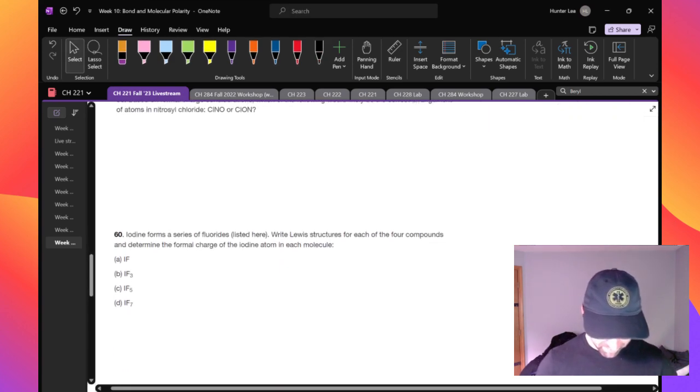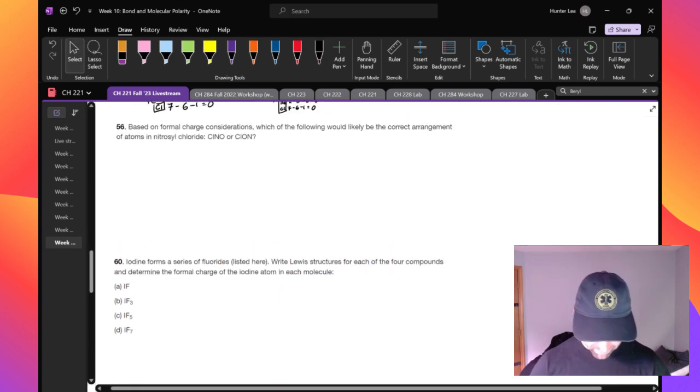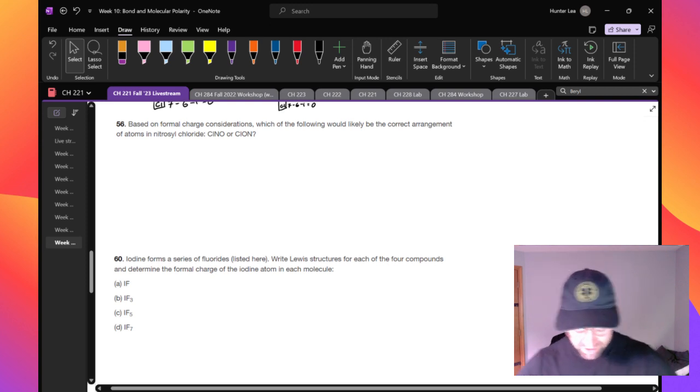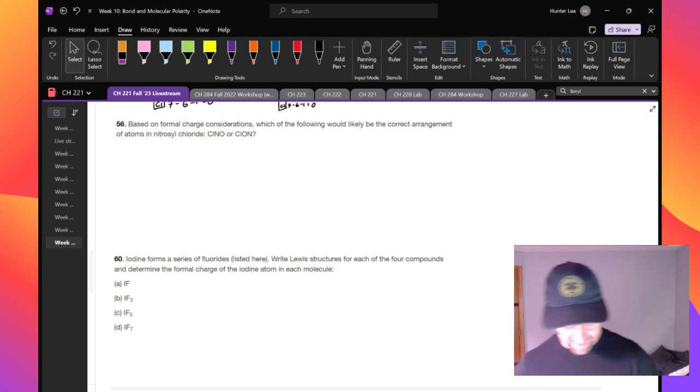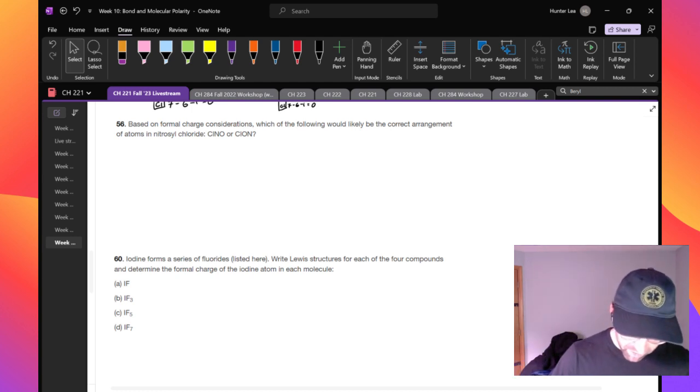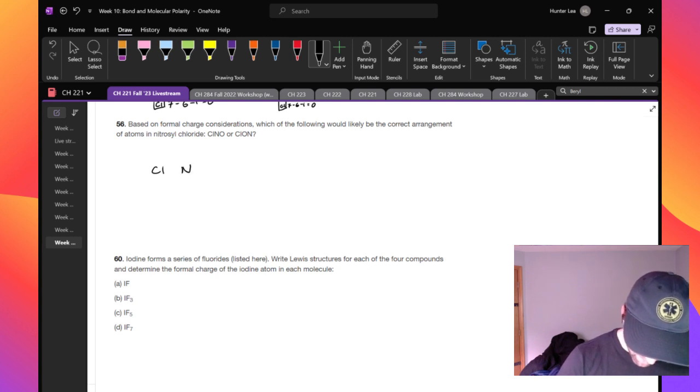All right, 56. Based on formal charge considerations, which of the following would likely be the correct arrangement of atoms in nitrosyl chloride? ClNO or ClON?